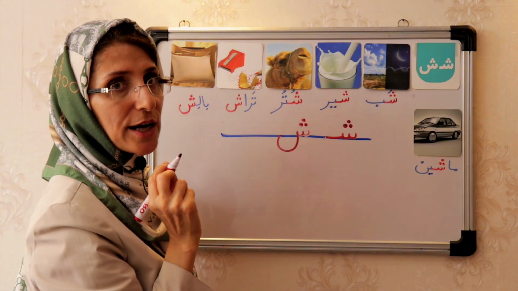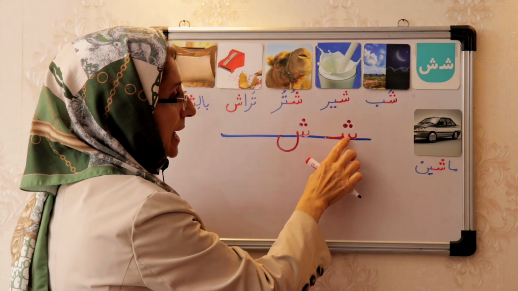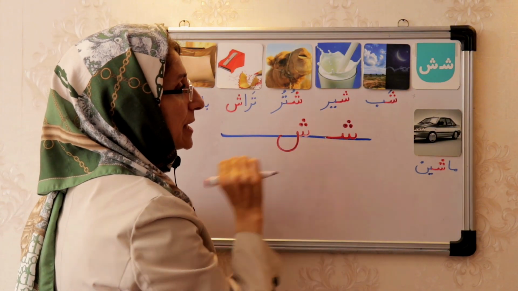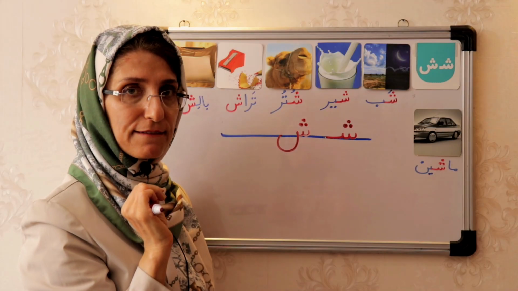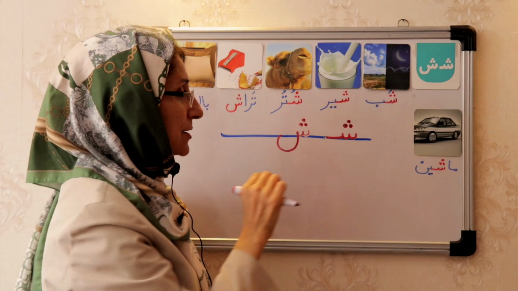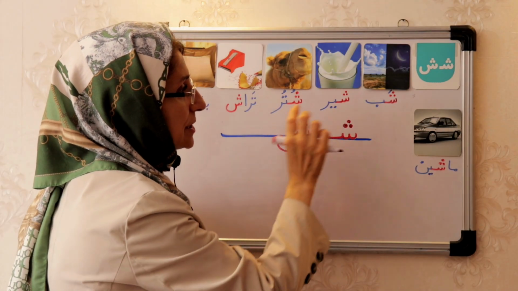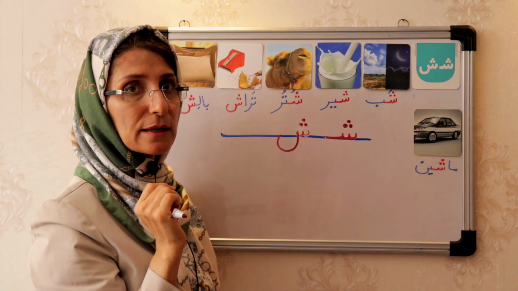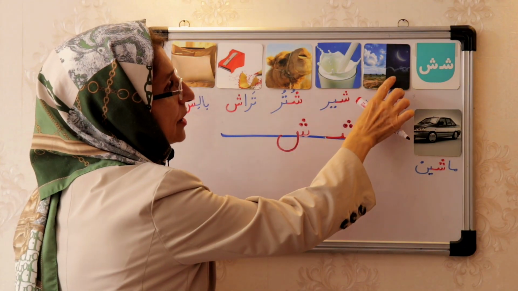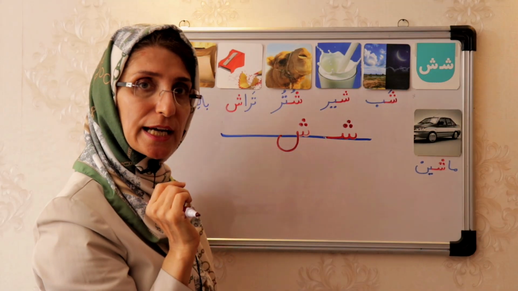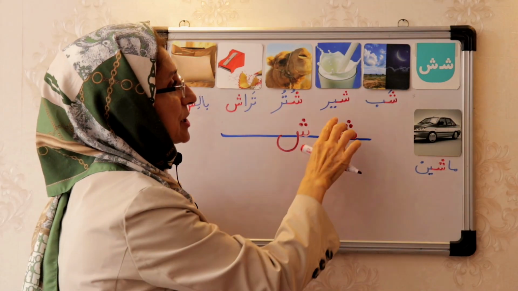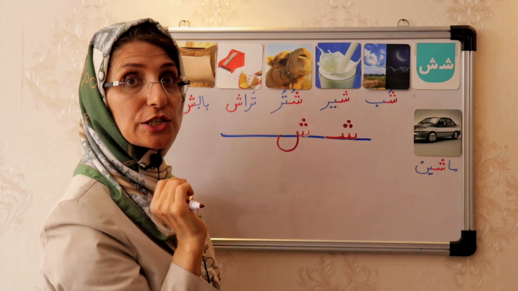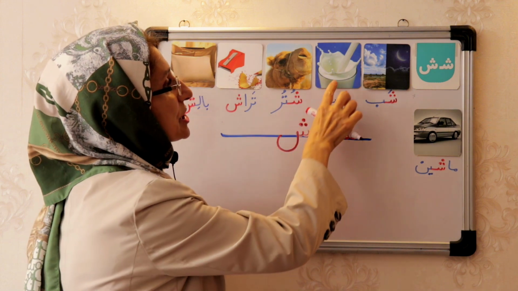ش آخر. You see, as I told you, ش اول or ش غیر آخر comes at the beginning in the word شب, night. You see sh in the initial position, or in sheer, milk.